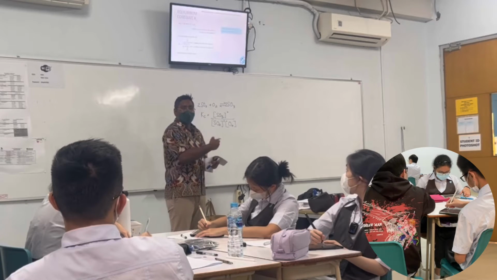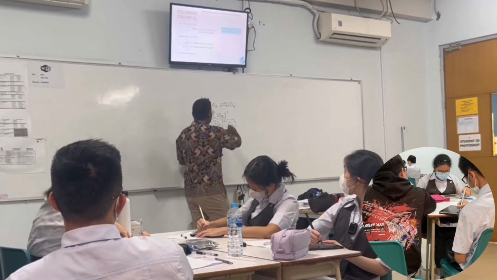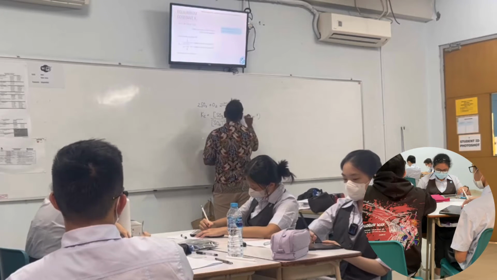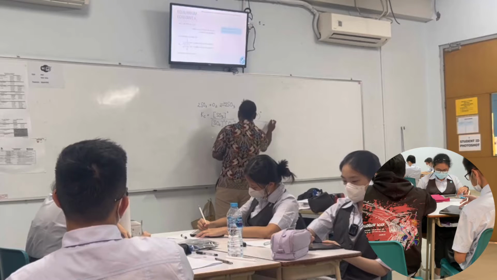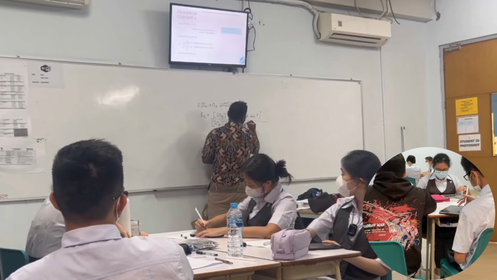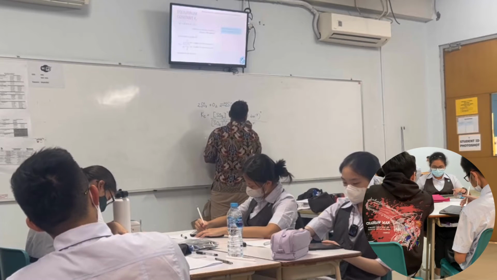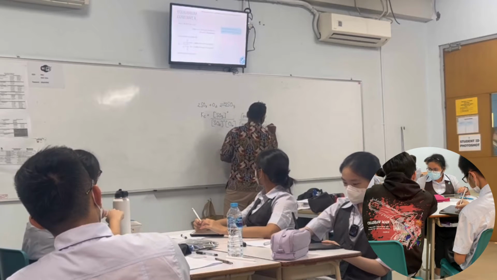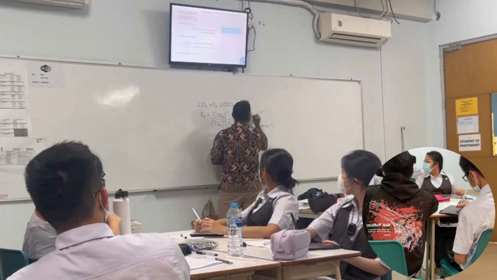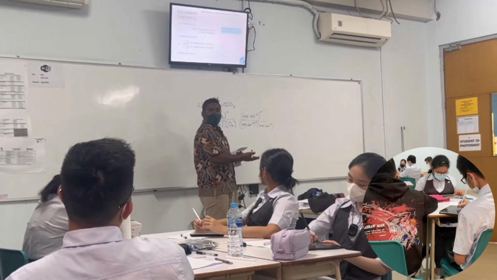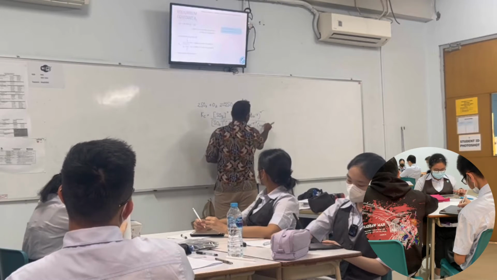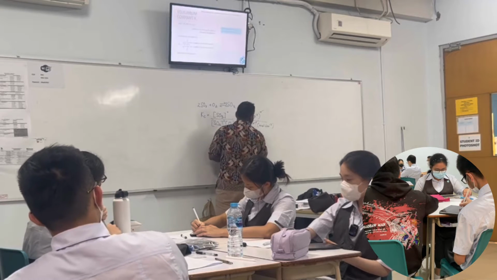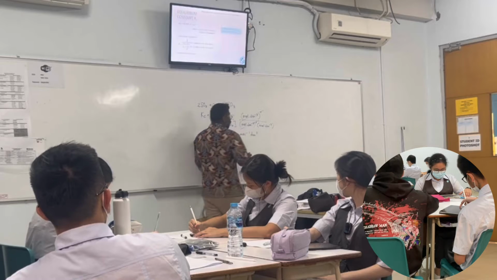And if you want to find out the units, it is mol dm^-3 to the power of 2 divided by mol dm^-3 to the power of 2 times mol dm^-3. You can cancel this, and then you will have 1 over this. So bring it up, mol^-1 dm^3.